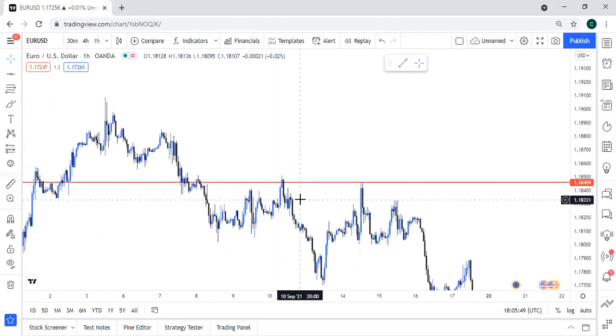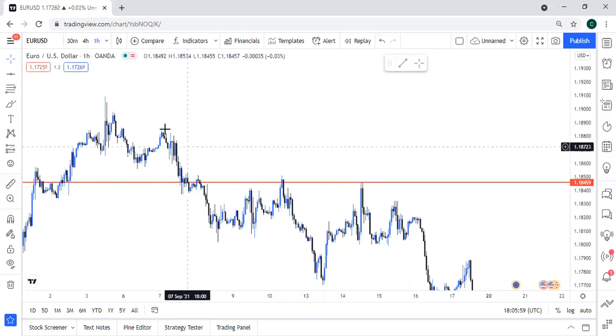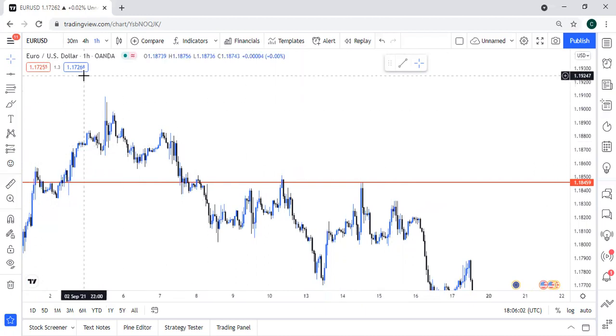All right. So a pip is the smallest unit in which a currency pair can change. You must have seen that here we have, ignoring the superscript up here, four decimal numbers at the back. So we have 1.1726. Most of the Euro USD has four decimal numbers at the back.